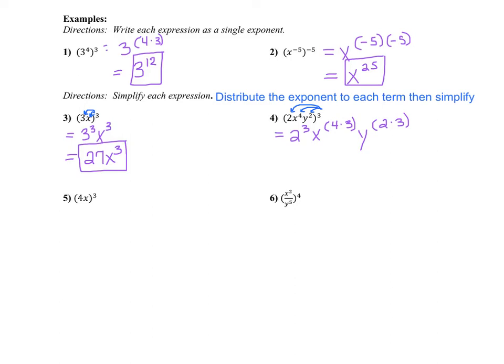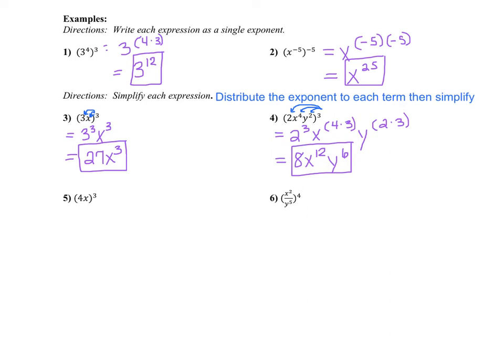All right, our next step is to simplify this. So 2 to the third power, 2 times 2 times 2, is 8. x: 4 times 3 is 12. y: 2 times 3 is 6. So your answer would be 8x to the 12th power times y to the 6th power.